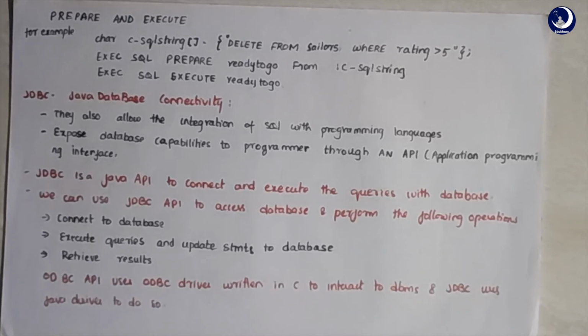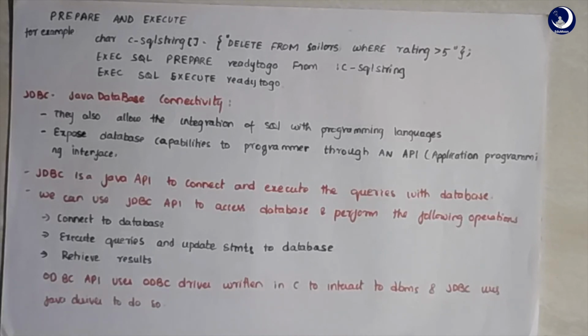This maintains the compatibility between the two different applications. So we call them application programming interfaces. Through the help of application programming interfaces, JDBC or ODBC exposes the database capabilities to the programmer that is working in the front-end application, which is the graphical user interface, right?